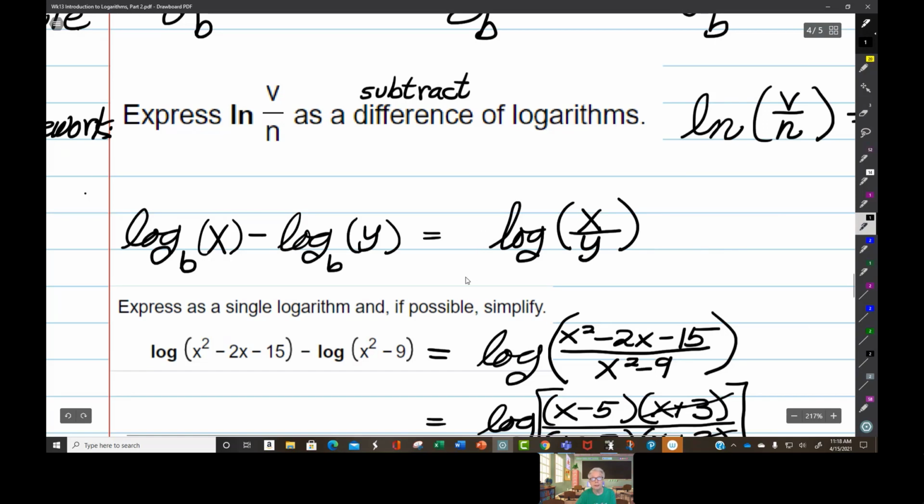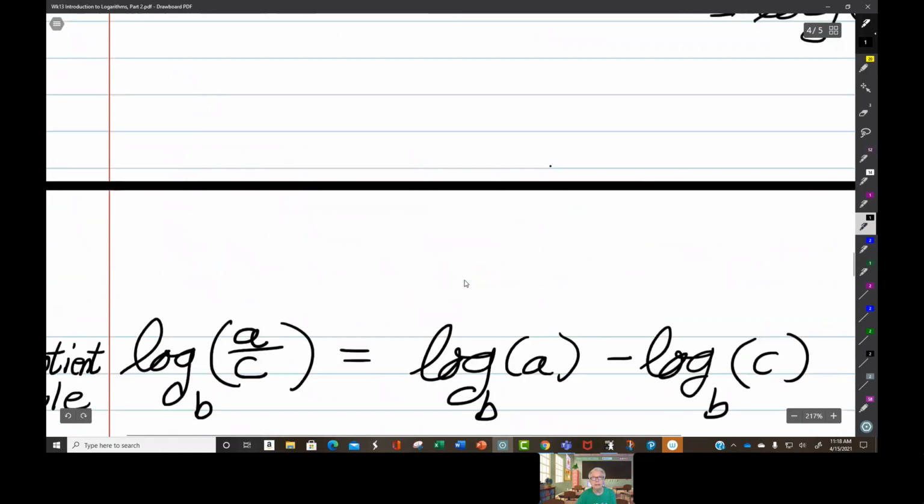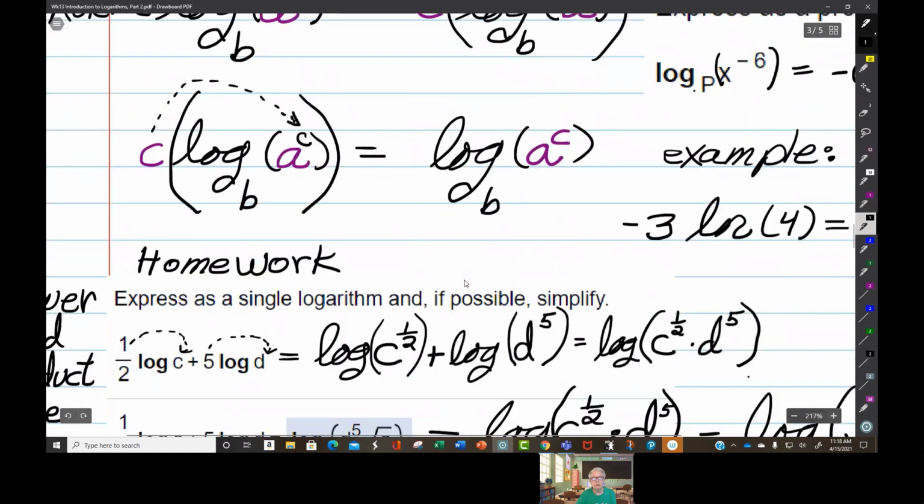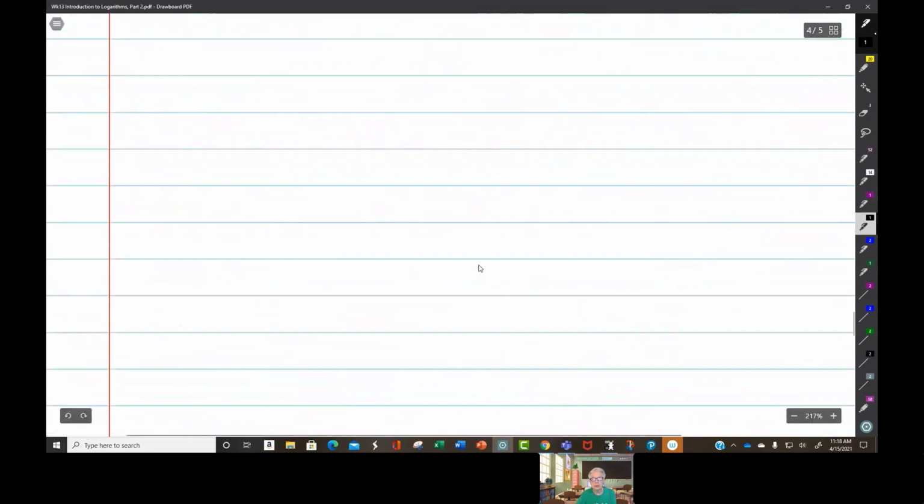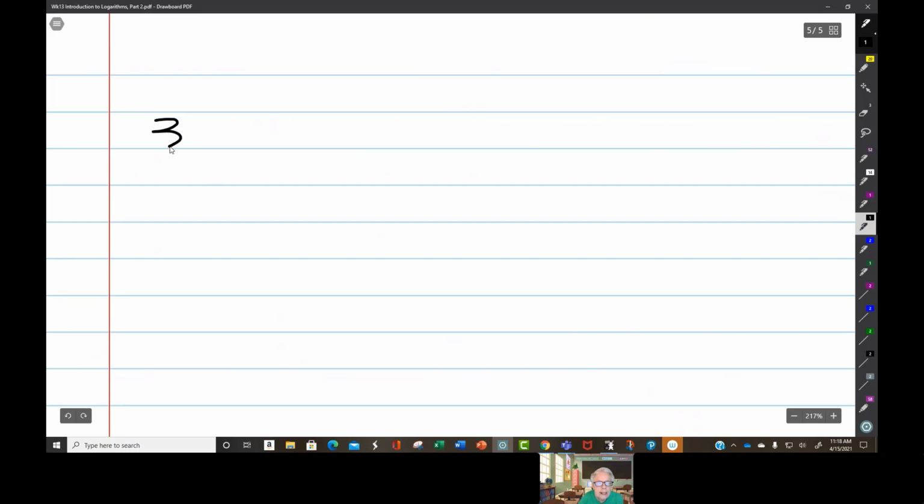Okay, before I do anything else, I want to show you where all this stuff comes from. Logarithms, you need to use your imagination. Let me go to another page. Suppose you have 3 to the second power and 5 to the fourth power. Notice you've got two different levels of numbers here.